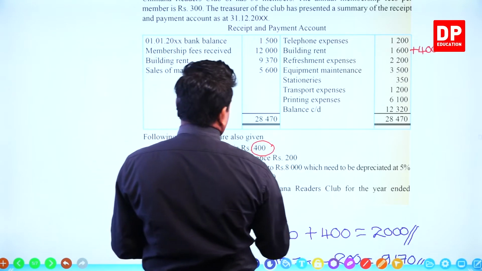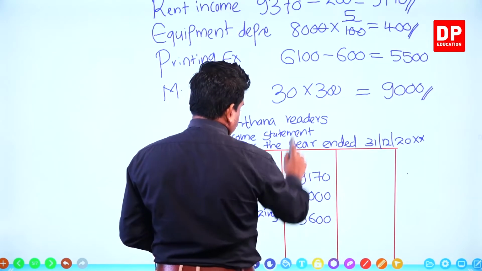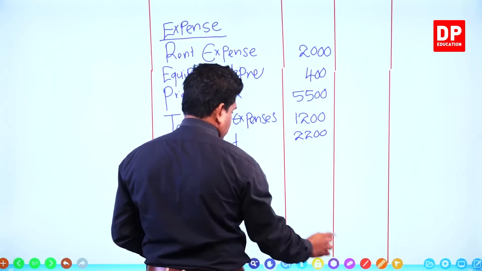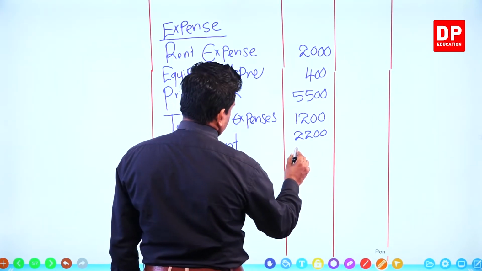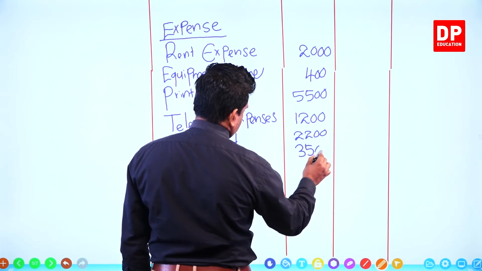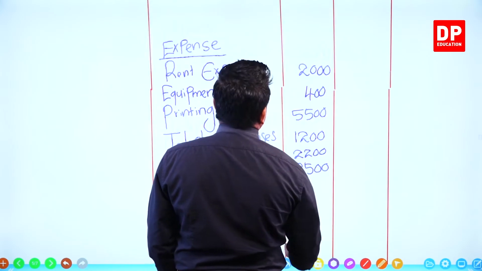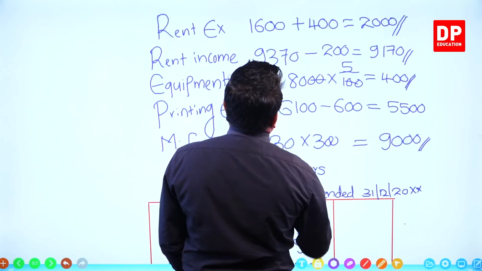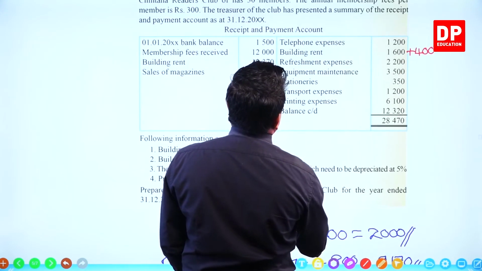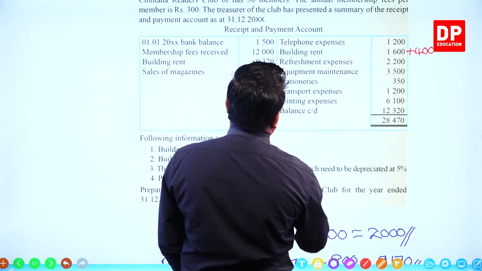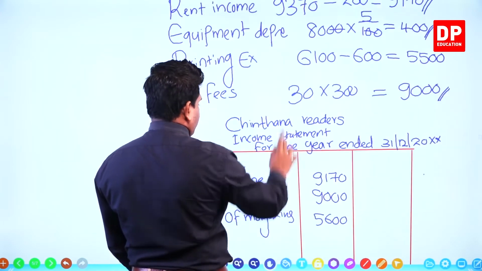Equipment maintenance 3,500. Now the next one, stationery is 350.